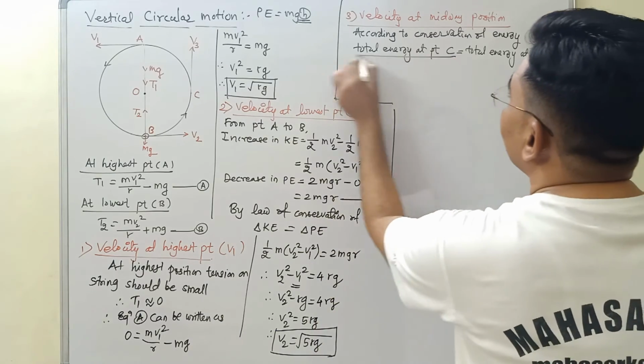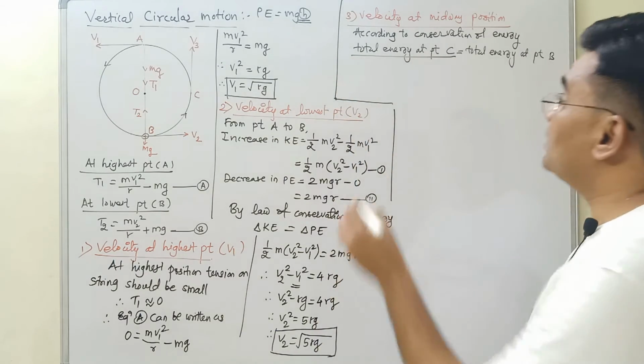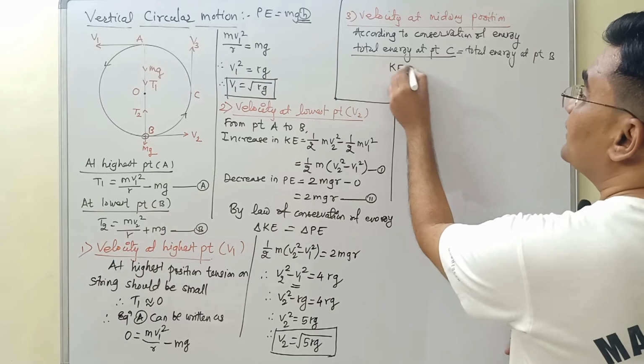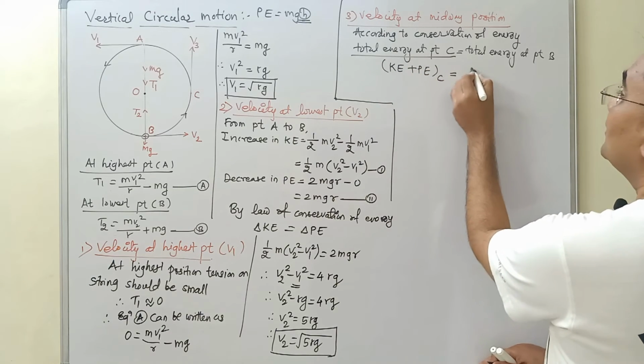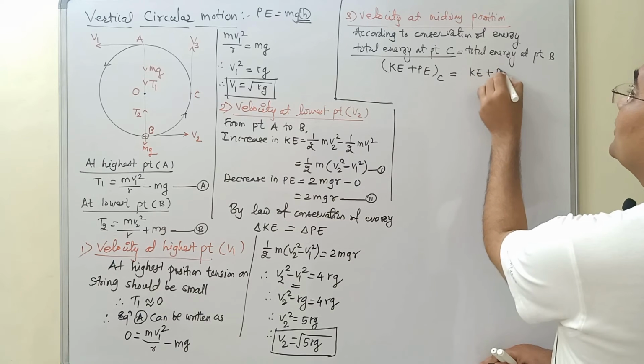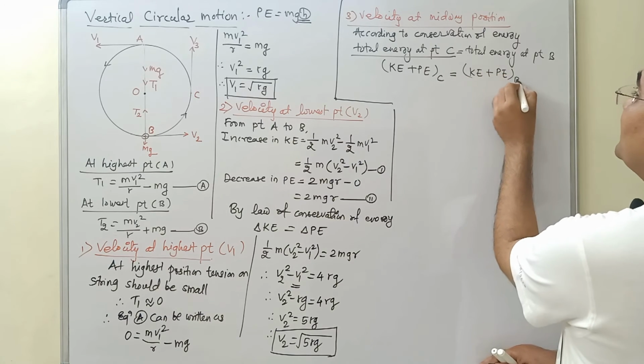But what is total energy? Total energy is always the sum of kinetic energy plus potential energy, so at point C it equals kinetic energy plus potential energy at point B.